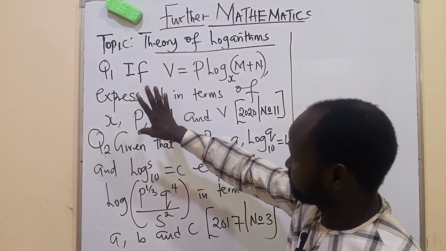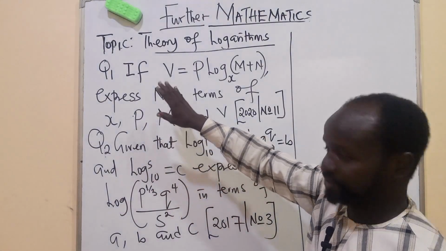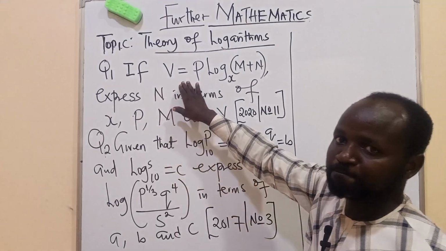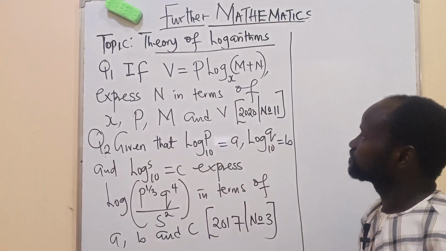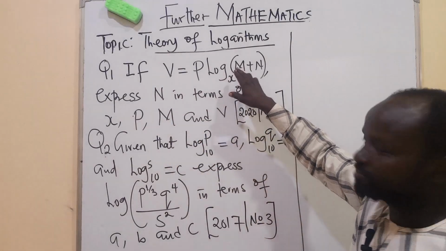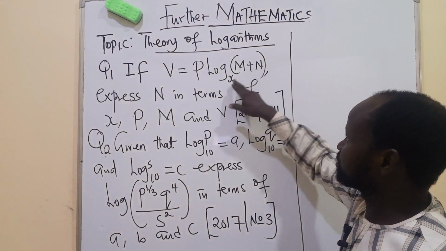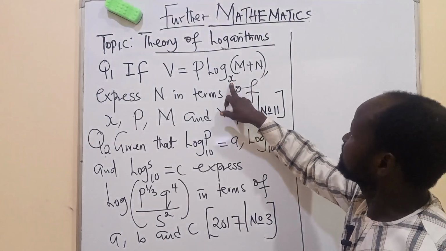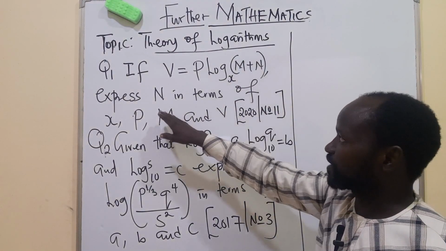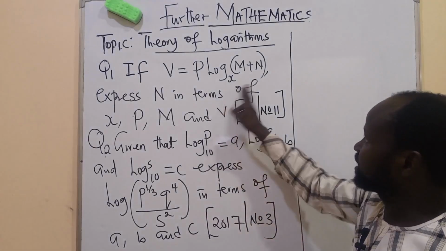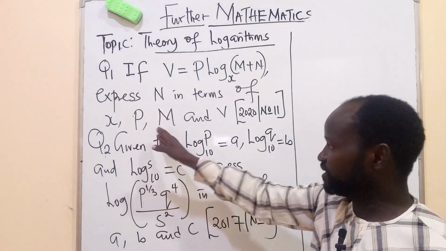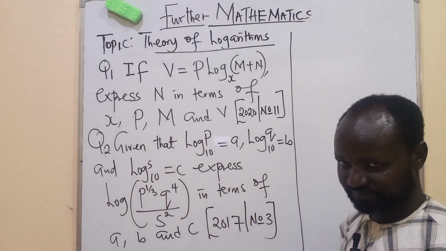Question 1, that's on the board, reads: if V is equal to P log (m plus n) to base x, we are asked to express n in terms of x, p, m, and v.